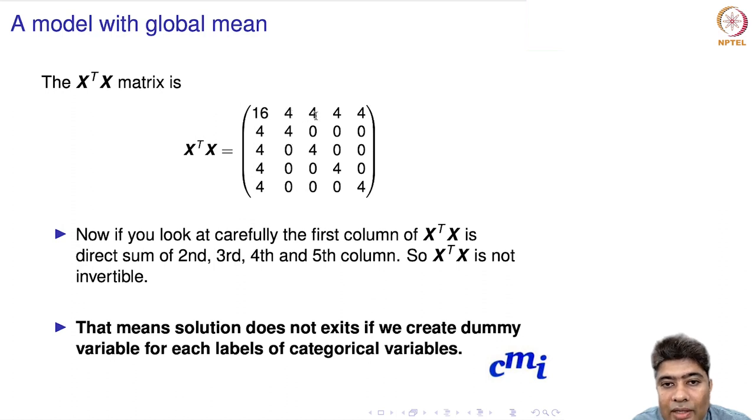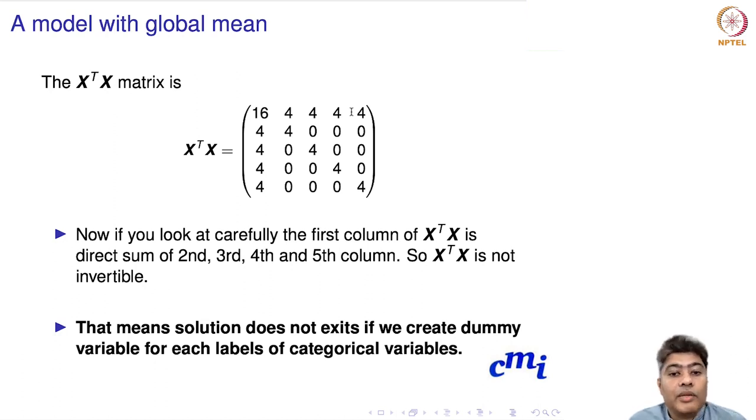If you add the second, third, fourth and fifth columns, you get the first column back. So the first column is completely dependent on the others, which means X transpose X is not going to be invertible. That means a solution does not exist if we create a dummy variable for each label of a categorical variable.